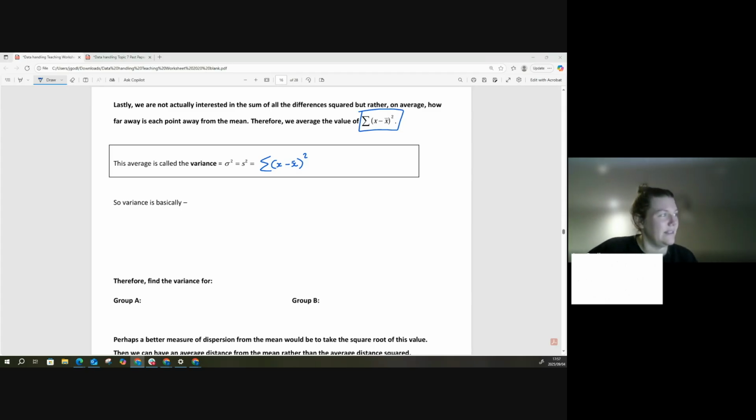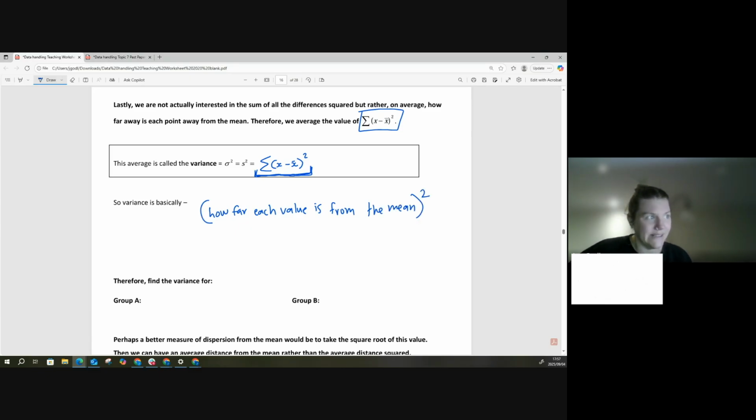Think about this process and see if you can explain that. Yeah, great. How far each value is from the mean. Cool. But then what do we have to do with that? And then we've got to square it.